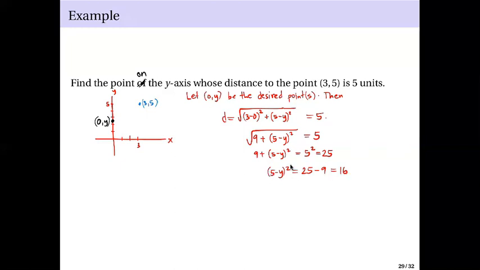You can now get the square root of both sides of the equation. But take note, you are taking the square root. Don't forget to put the plus and minus. So you will get 5 minus y equals plus or minus the square root of 16. But the square root of 16, that's 4.